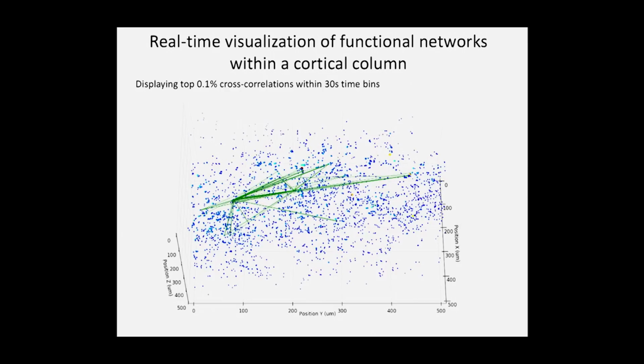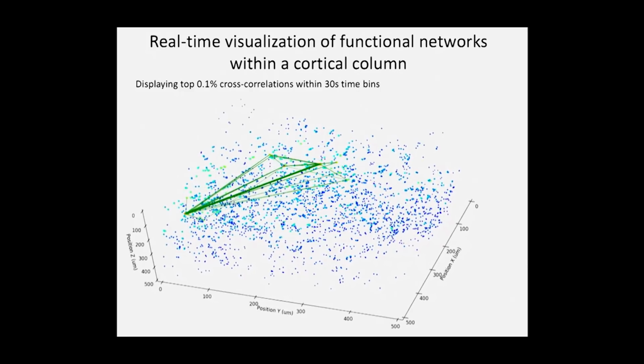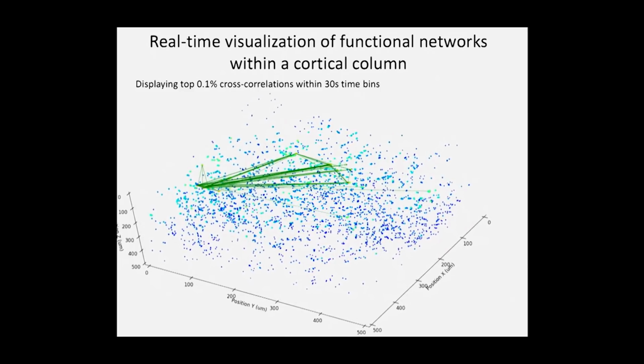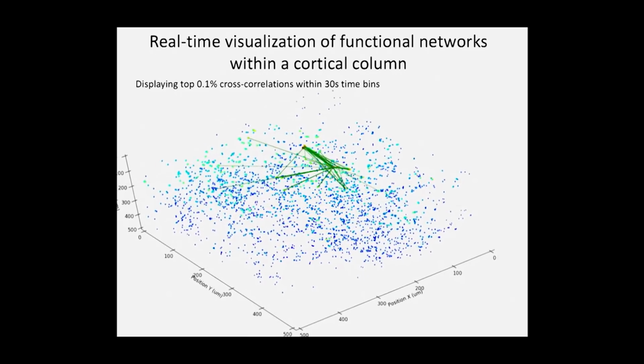And one of the things that we are now collaborating with other labs on is trying to understand how the cortex performs computation. We know that computation arises from complicated interactions between different layers of the cortical neurons, but how that is exactly done is not very clear. So just to show you what we can also observe with some simple data analysis, this is looking at the top 0.1% cross correlations within a given time window.